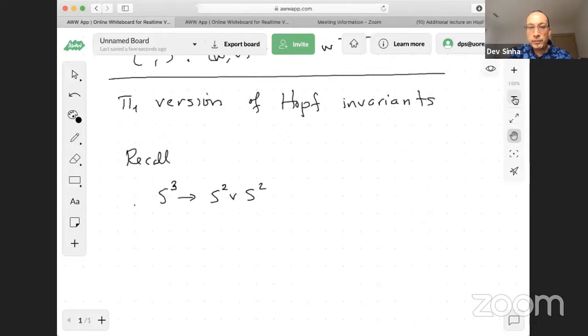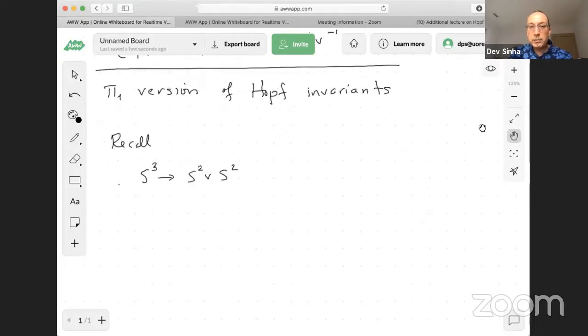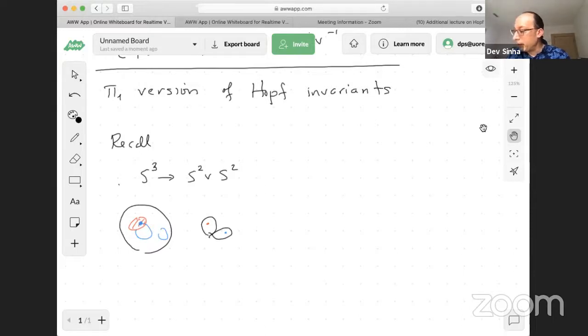And I'm going to make these even smaller. So recall, if I've got that kind of map from a 3-sphere to a wedge of 2 spheres, I can take the pre-images of 2 points. They're going to be 1-manifolds, and then I can cobound one and intersect with another. And so the linking number of the preimages is the first Hopf invariant.